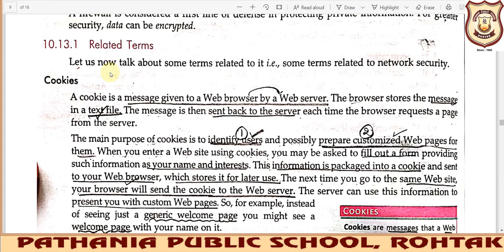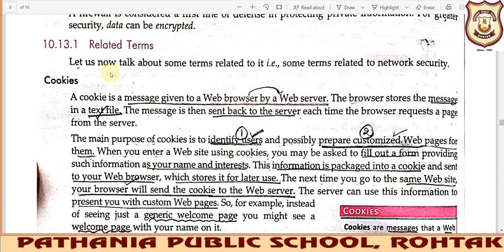So what are cookies? A cookie is basically a message given to the web browser by the web server, so that it gives more customization to the web pages.